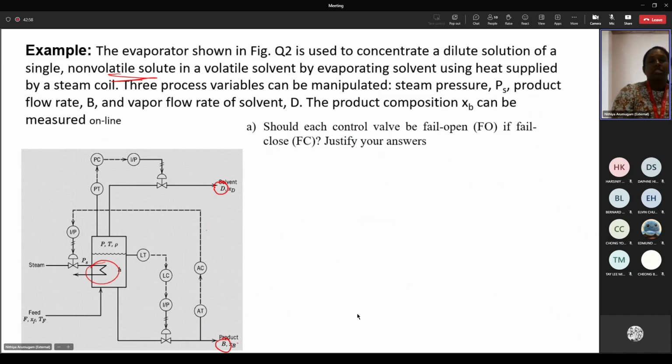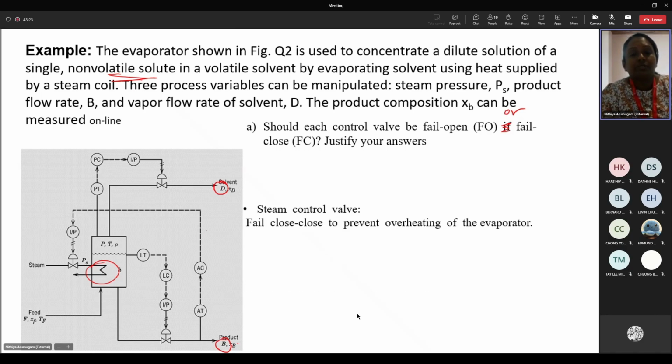So the question is, should each control valve be fail open or fail close? Justify your answer. But before that, what is the steam control valve function?